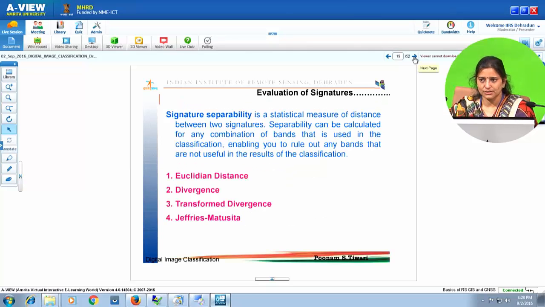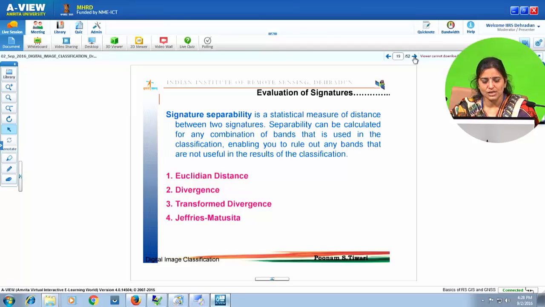The other method of finding out whether the signatures are separable or not is signature separability. Signature separability is a statistical measure of distance between two signatures. The separability can be calculated for any combination of bands that is used in the classification, enabling you to rule out any bands that are not useful in the result of the classification.